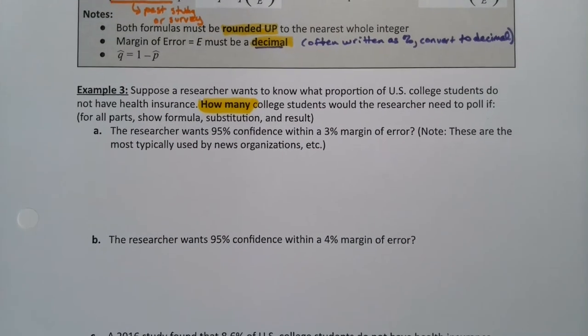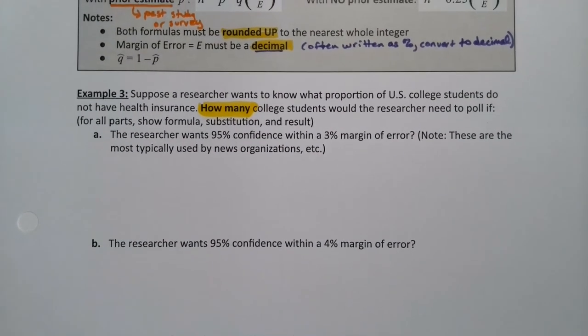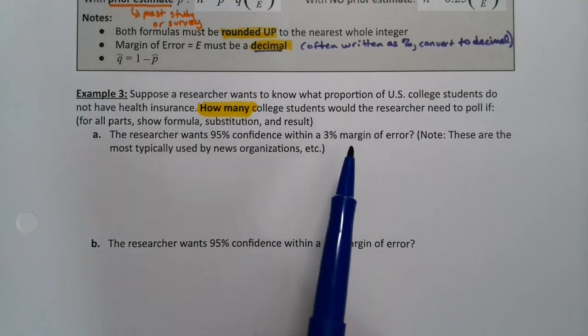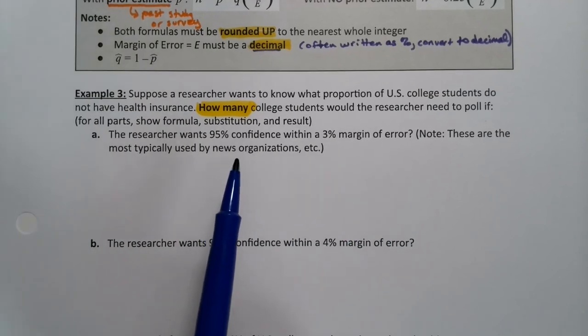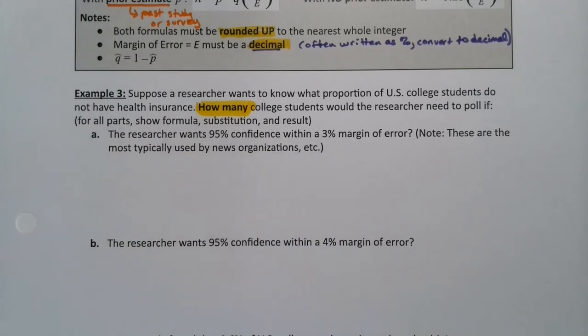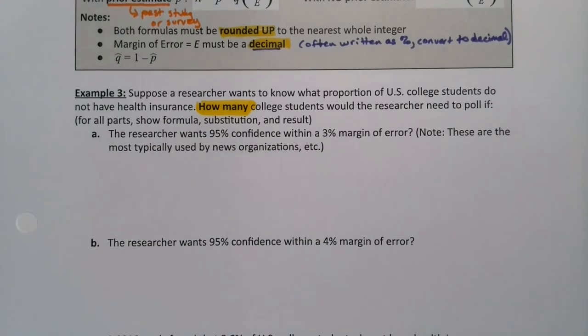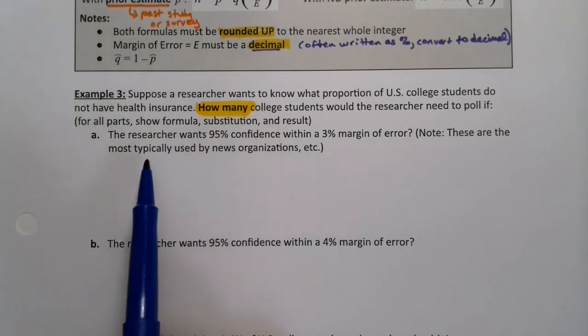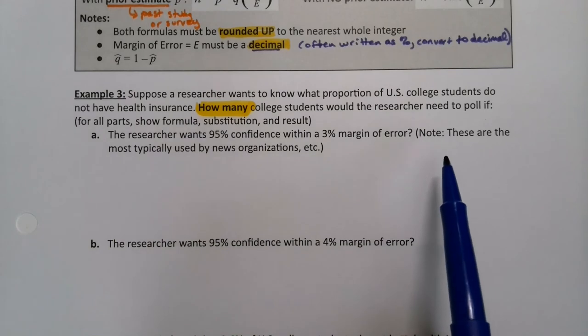Okay, so the researcher wants to have 95% confidence with a 3% margin of error. And these are the values most typically used by news organizations right around here. They'll fuss with the margin of error a little bit sometimes, but they almost always use 95% level of confidence. All right, well, I have no prior estimate. Like there's no past study here.